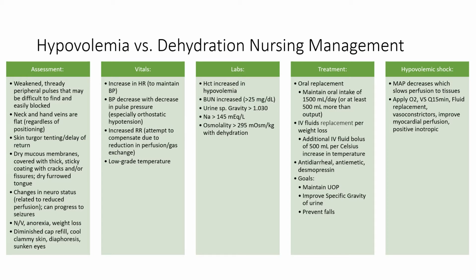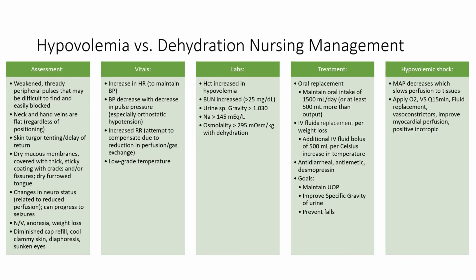So they already are getting IV fluid boluses, but if they also have a low-grade temperature increase per 1 degree Celsius, we're going to add another 500 milliliters of fluids. This is because of the temperature increase that can increase the metabolism, and thereby you have more insensible water loss, which remember can be at least 500 milliliters a day. So this is trying to compensate for that additional water loss.